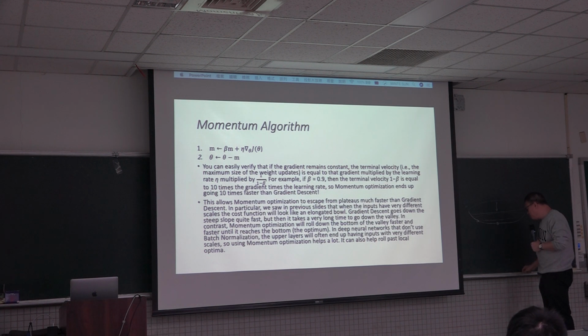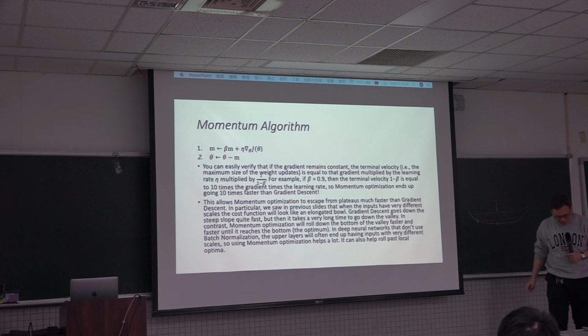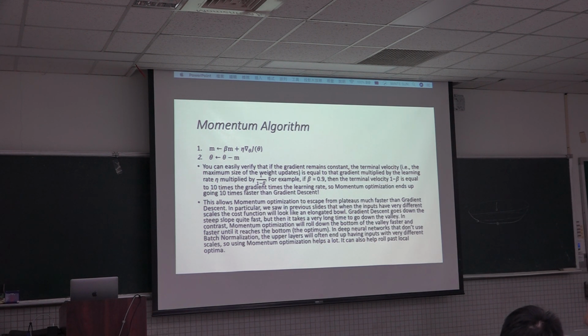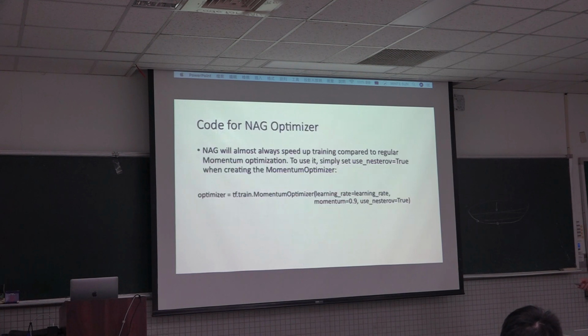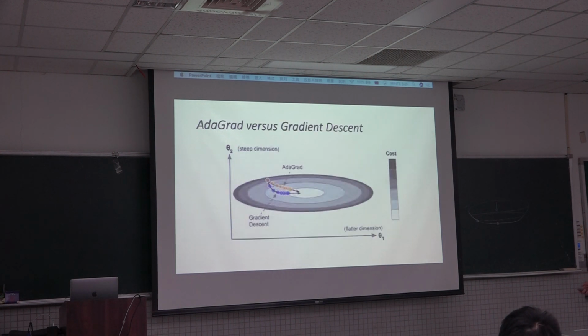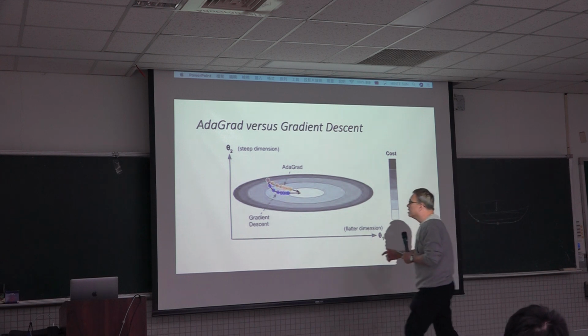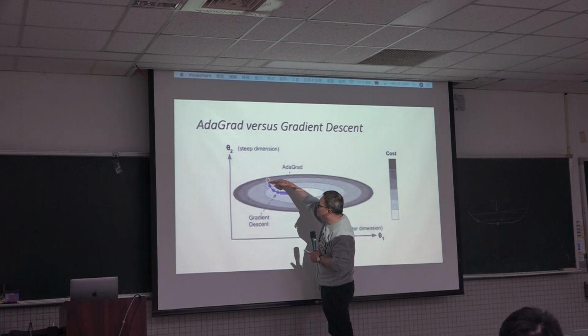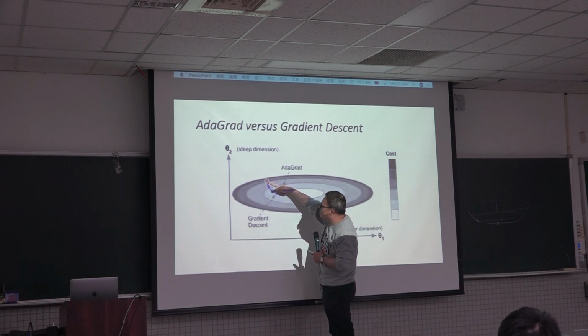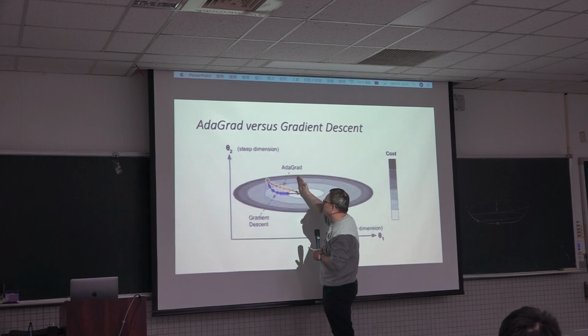So if you use gradient descent, what happens? It's going to go down faster in this direction, because this direction is steeper.